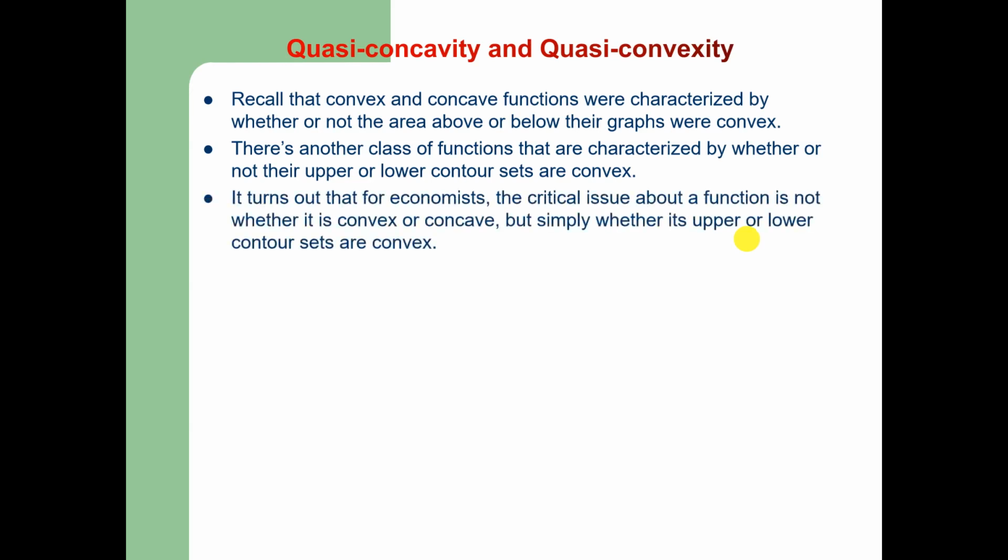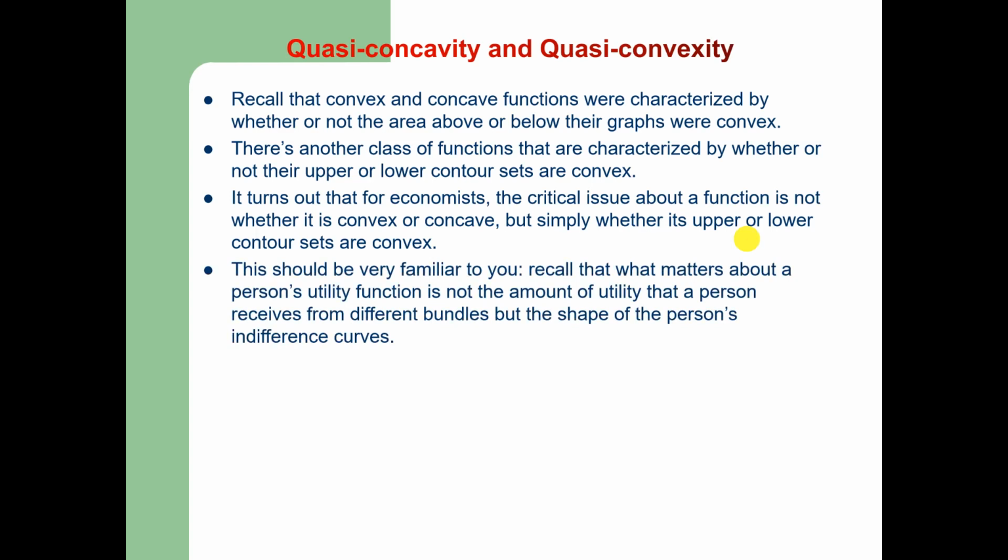So this is very important, and I'll discuss this later in this video. It turns out that for economists, the critical issue about a function is not whether it is convex or concave, but simply whether its upper or lower contour sets are convex or not.